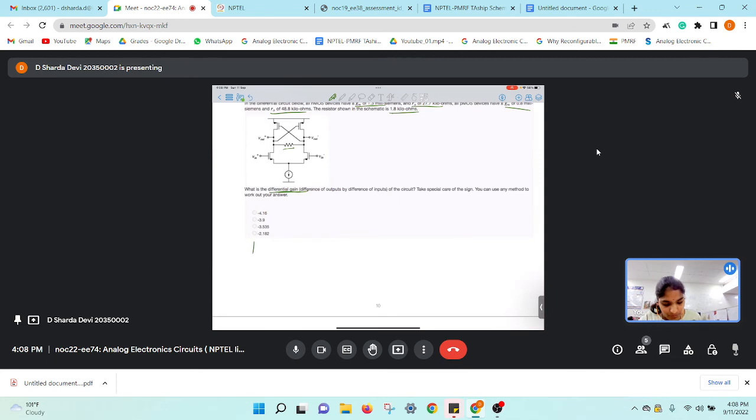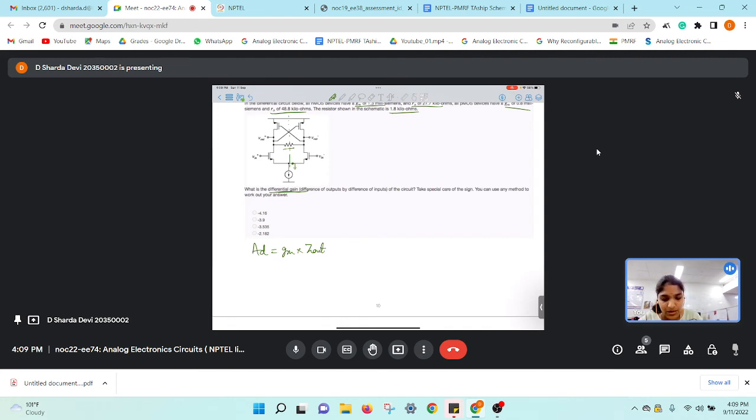When it is said differential gain AD, we simply know it's gm into Z out, right? This is what is known to us clearly. Here also, if I go for half circuit analysis, this point we simply connect to ground, because this point is not affected by our small signal.